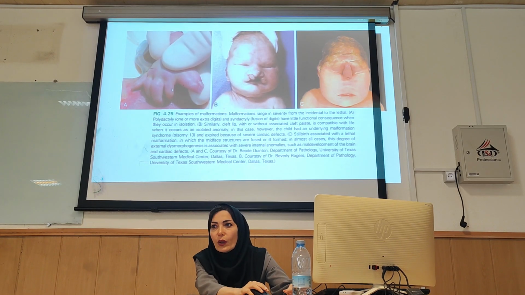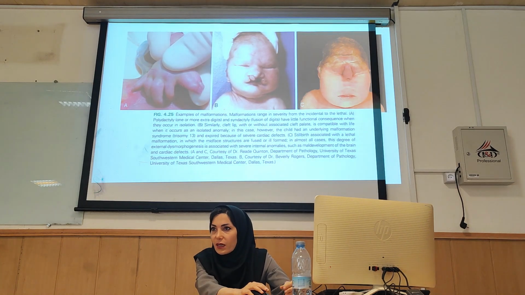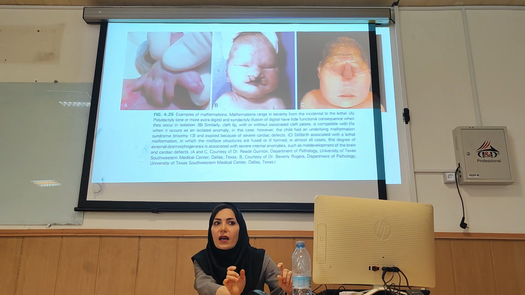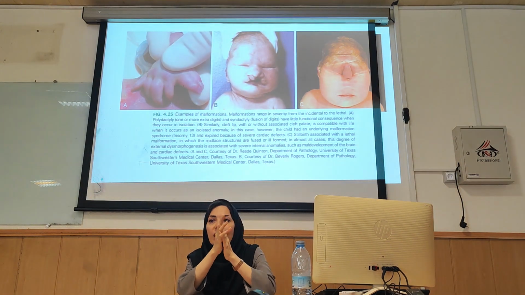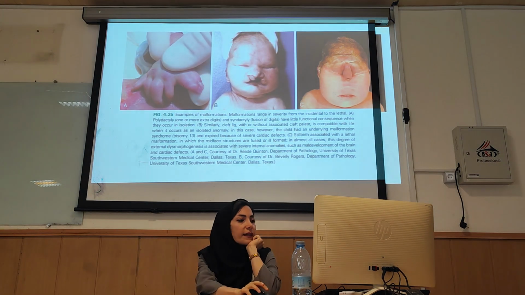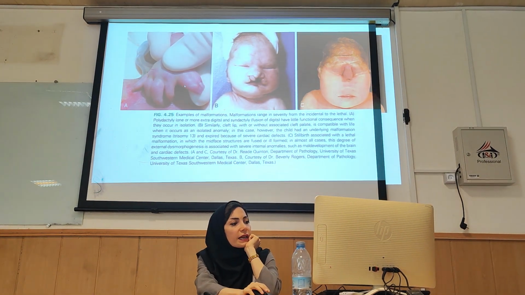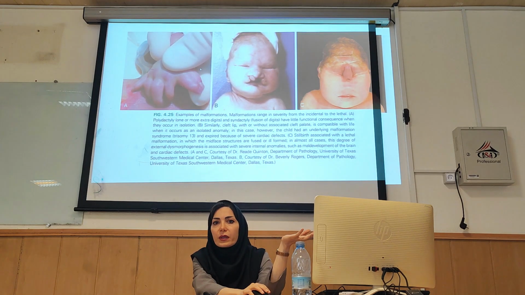Do you know what syndactyly or polydactyly is? Polydactyly is having more than 5 fingers. But syndactyly means having fingers which are connected to each other, adhesion of at least 2 fingers, and that can be removed with a simple operation.